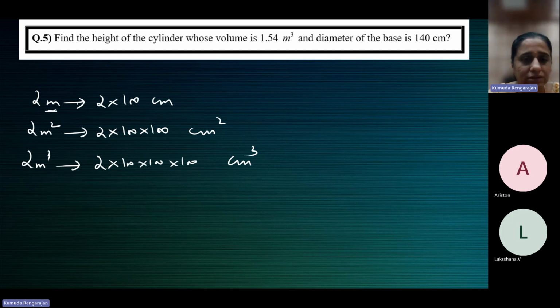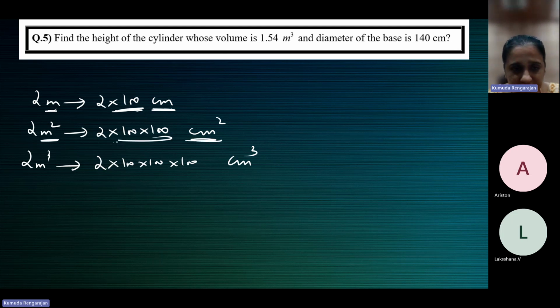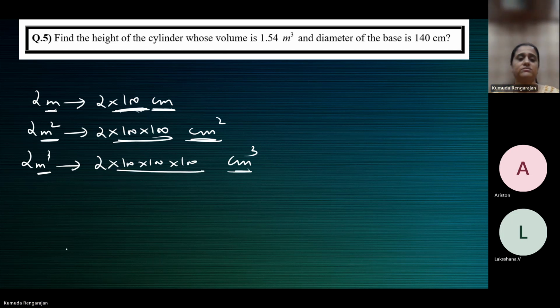To convert meter to centimeter, you need to multiply by 100. Meter square to centimeter square, do that same thing 2 times. Meter cube to centimeter cubed, do this one 3 times.